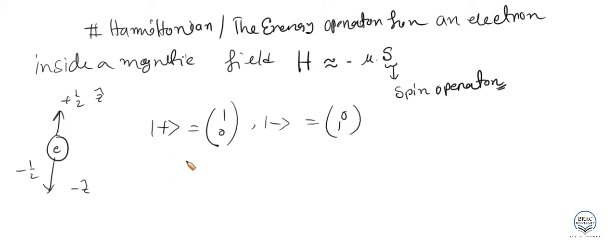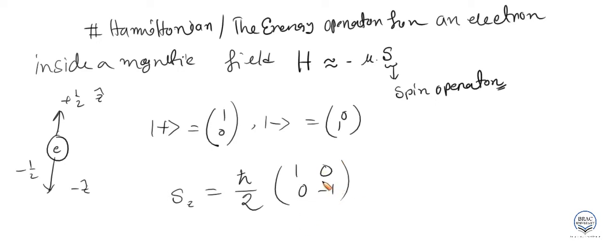And the operator corresponding to measuring these things is written as S of z, just to make sure that this is the z-axis that we're talking about, and it will be given by h cut by 2, and you will have 1 0 0 minus 1.